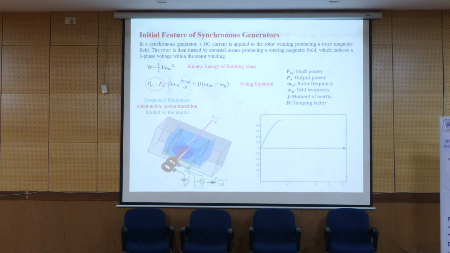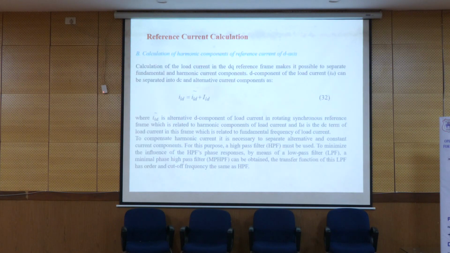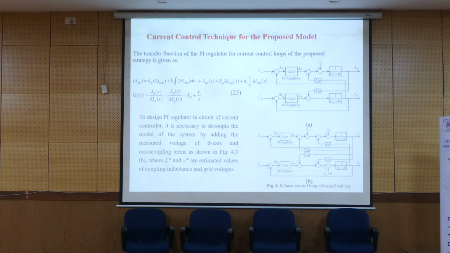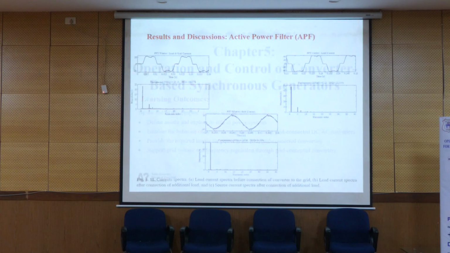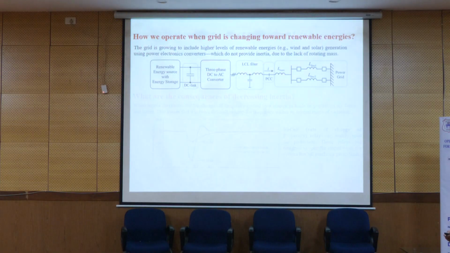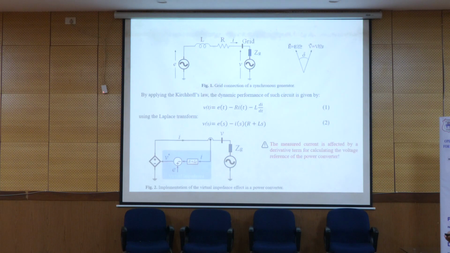If we get back to the previous chapter, we see delta I. This is the injected current from the converter, and this is the reference. It can be load current, it can be harmonic, it can be anything you want, and the converter injects based on that. Okay? But what we are going to do here is provide the reference for the control of the converter based on the behavior of the synchronous generator.